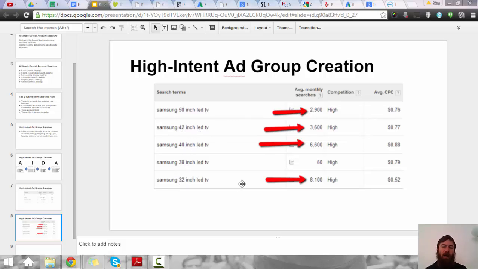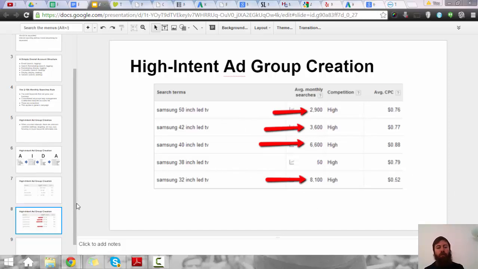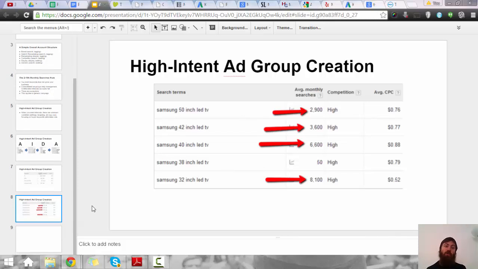I just tried different combinations. No idea about the market, but what you'll see is that these all have that solid amount of search volume that we're looking for that's going to sustain a big campaign. I guess there aren't a lot of 38-inch TVs, or maybe Samsung just doesn't sell them. So without further ado, let's start getting into actual creating out of ad groups.